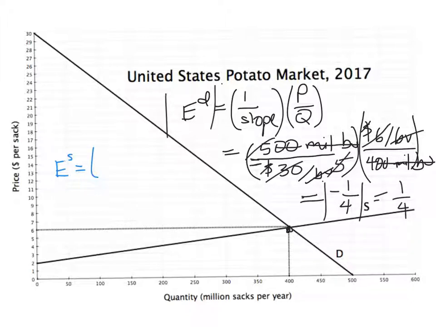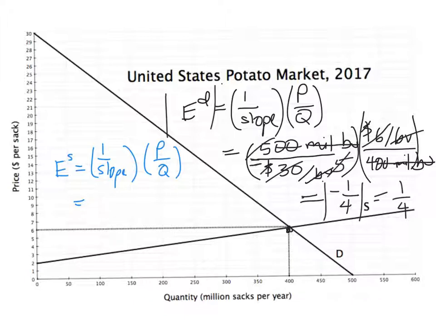And the formula is again 1 over the slope, only now we're doing the slope of the supply curve, times P over Q. All right, well, let's figure out the slope of the supply curve. It's rise over run. That's $4 is the rise from $2 to $6, and then the run is from 0 to 400 million.